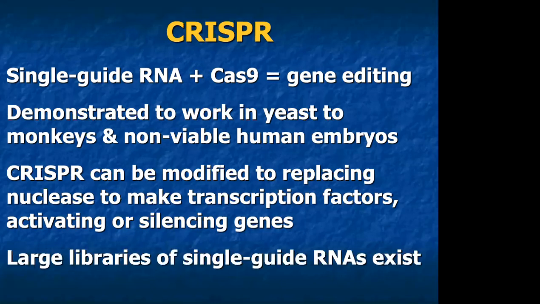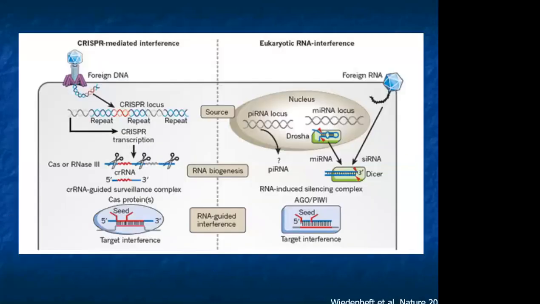There are large libraries of single guide RNAs that have been generated, mostly by industry, but also by university labs. If you didn't know, there's a huge court case going on, a huge patent dispute. Two different, very large labs are competing for the patent rights of this technology. You can see why, because the commercial application of it could reap multi-millions of dollars of revenue.